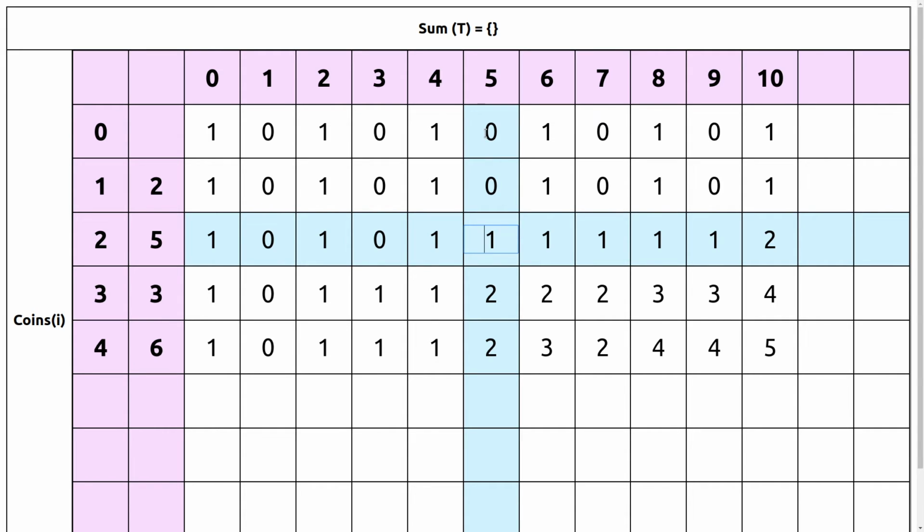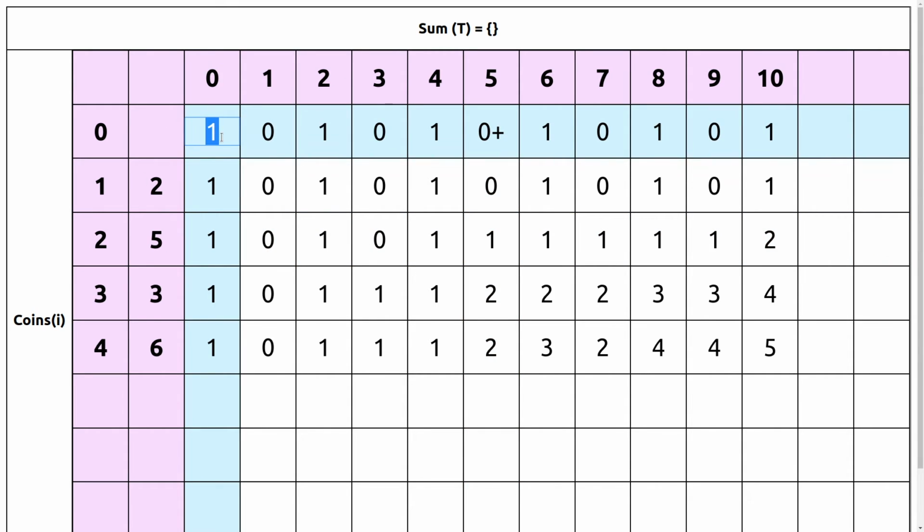So for example, let's consider this cell for I value of 2. Here since the previous value is 0, that means by excluding the current item, there were 0 ways of getting a sum of 5. So this is the 0 value, and by including 5, that is 5 minus 5, the remaining sum is 0.